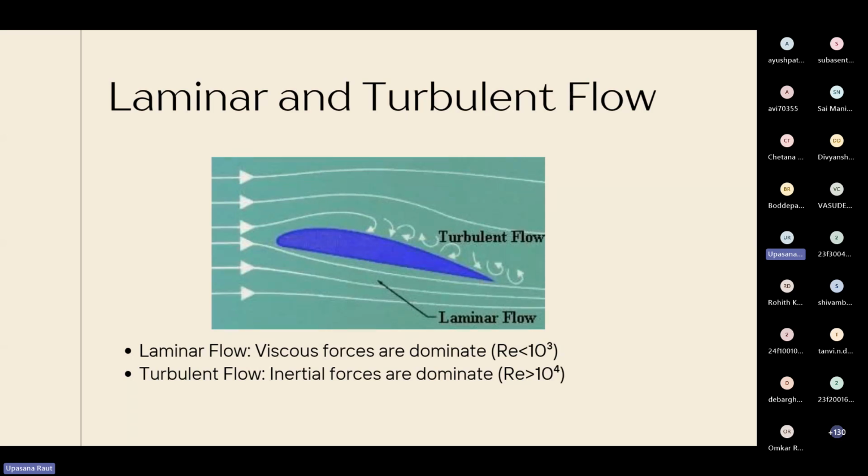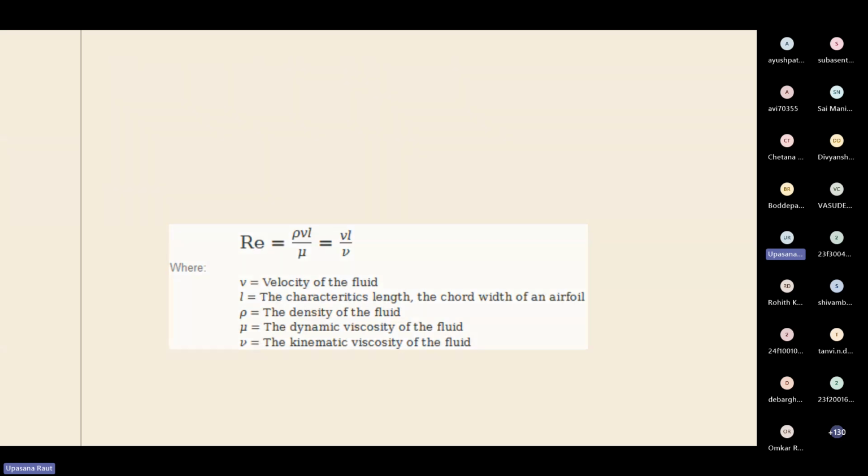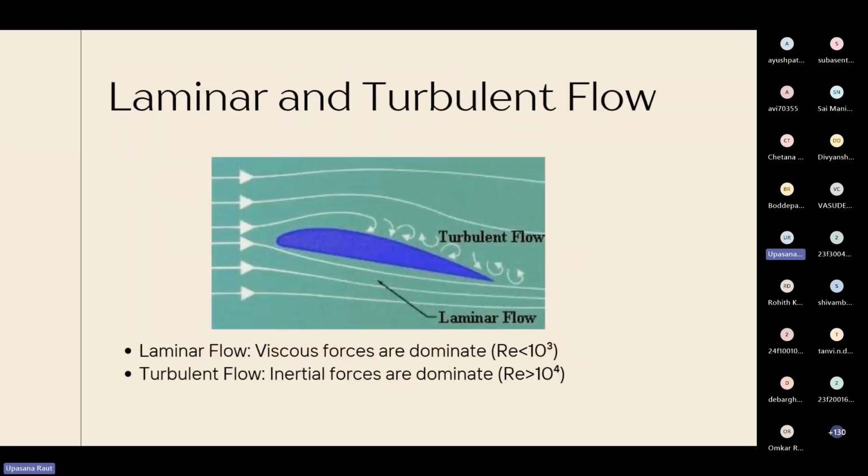It is a flow where the viscous forces are dominant, and the flow acts parallel. All the parameters like velocity are predictable and easy to measure. For the flow to be a laminar flow, we can put all the values in the formula, and it would usually be in the range of less than 10 to the power 3. So if we find the Reynolds number as less than 10 to the power 3, then the flow is laminar flow.